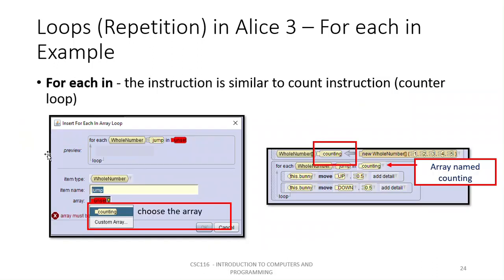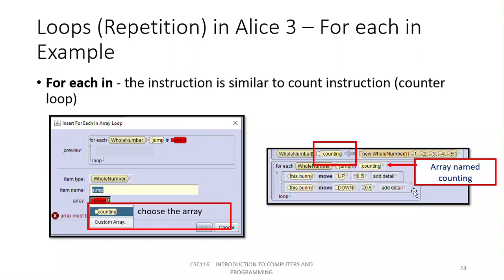Next, for each in. The instruction is similar to the count instruction, the counter loop. So dia sama, the function of for each in is similar to count. Sama macam you guna count.